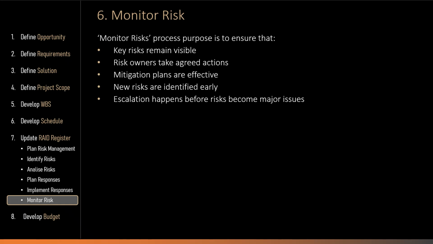The purpose of risk monitoring is to ensure that key risks remain visible, risk owners take agreed actions, mitigation plans are working, new risks are identified early, and escalation happens before risks become major issues.